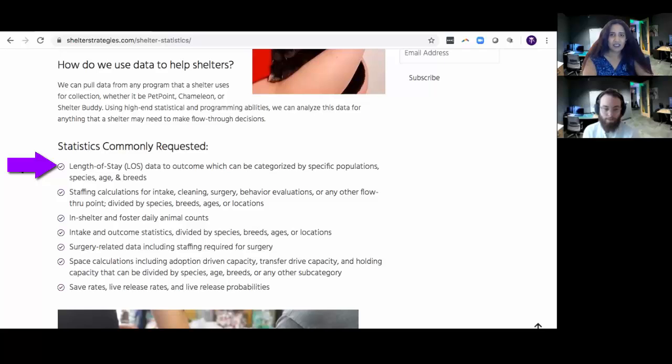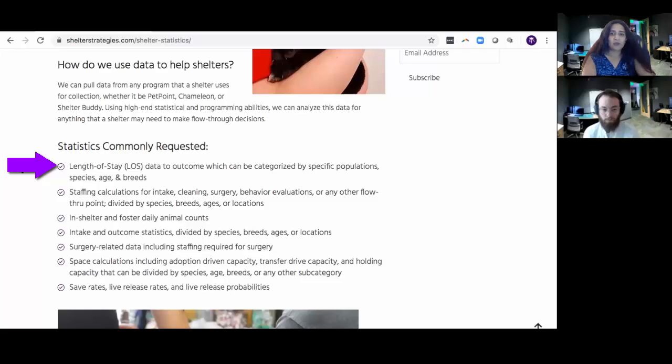I think it's a great data point to really see and determine if your processes are flowing well. Our goal is to keep animals in our system as short as possible and get them to a live outcome, get them into an adopter's home, into a foster home, perhaps transferred out.